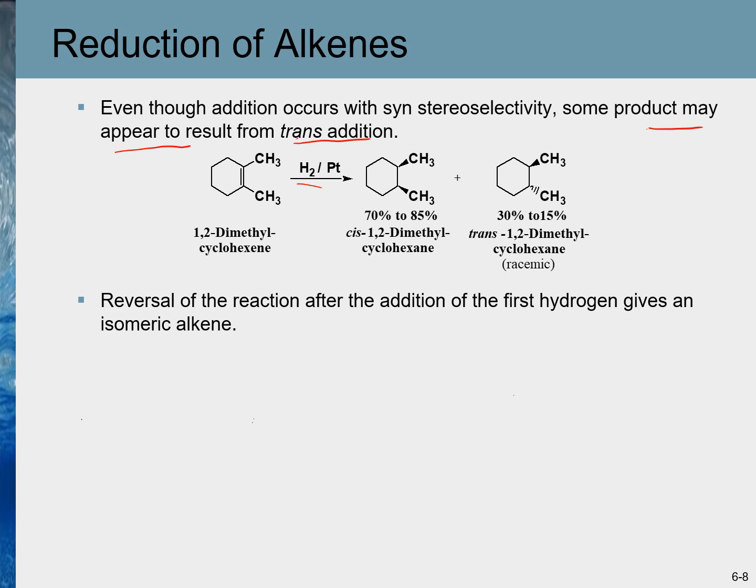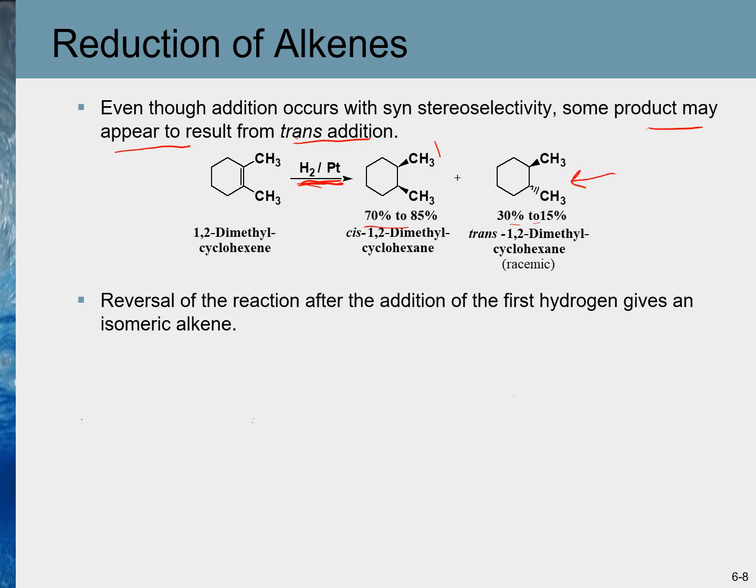For example, if we conduct the catalytic hydrogenation of this disubstituted cyclohexene, we find that 70 to 85% has cis stereochemistry, which is normal because it's a syn addition, so both hydrogens should be on the same side, which would result in a cis stereochemistry. However, a minor trans mixture is also observed.